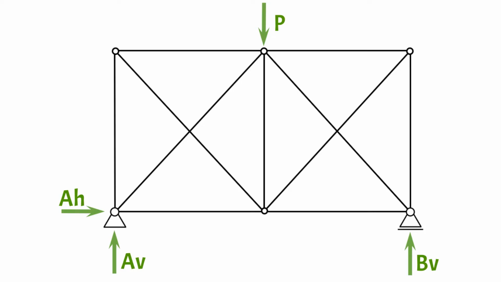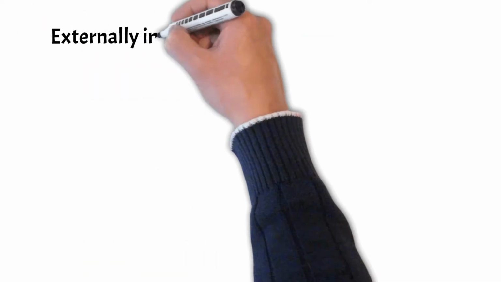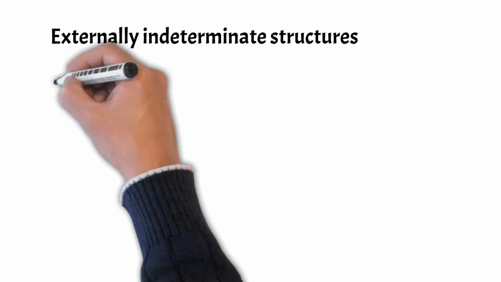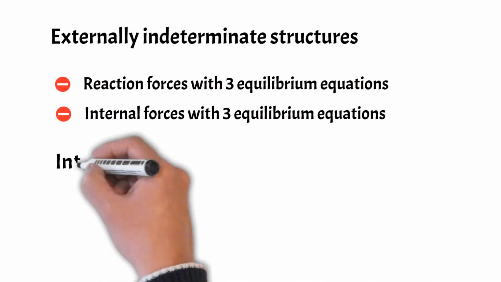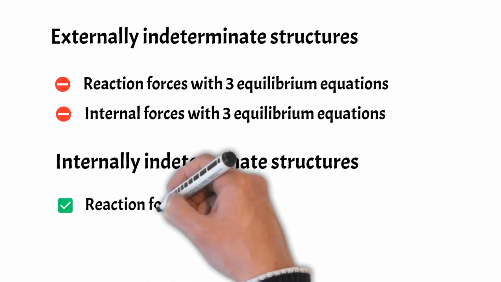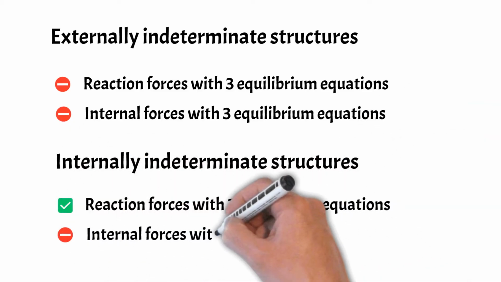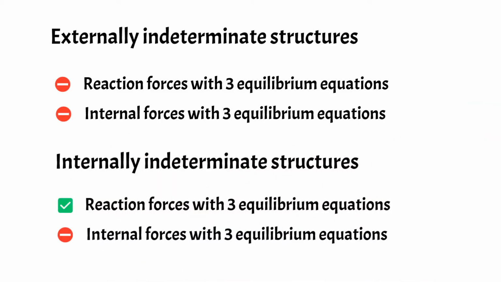But the internal forces can't, because it has too many unknowns in its nodes when we do the equilibrium equations there. So to summarize, for external indeterminate structures, we can't calculate reaction and internal forces, while we can at least calculate the reaction forces for internally indeterminate structures, but not the internal forces.